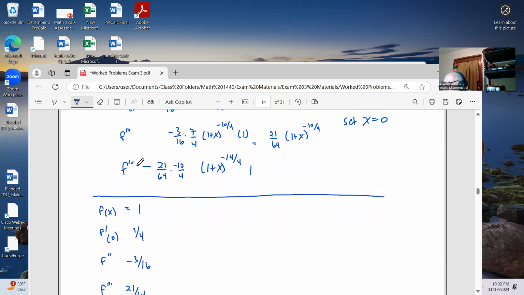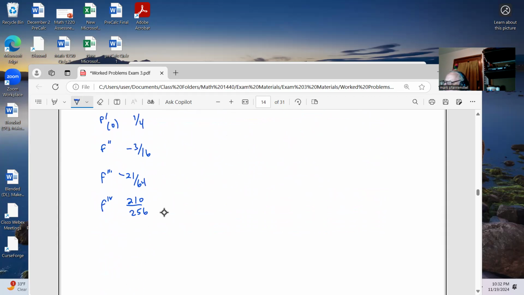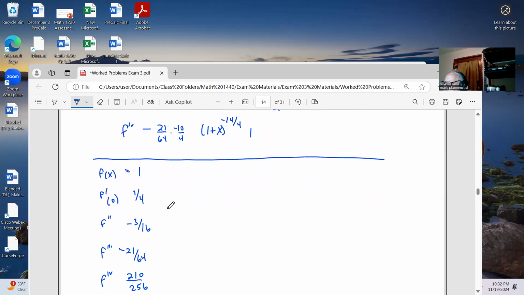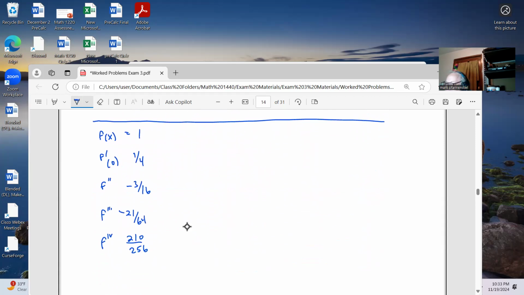Importantly, we have to worry about the fact that this is going to be negative times negative, which will give me a positive. Let's double check the third one, which I believe is negative. The first one, f triple prime. Nope, f double prime. Okay, so it looks like we're okay with that. I'm going to go ahead and double check this guy right here. This is times a negative 16. So this is going to be a positive number here. So f triple prime is positive, and then I think we're okay with the fourth one.